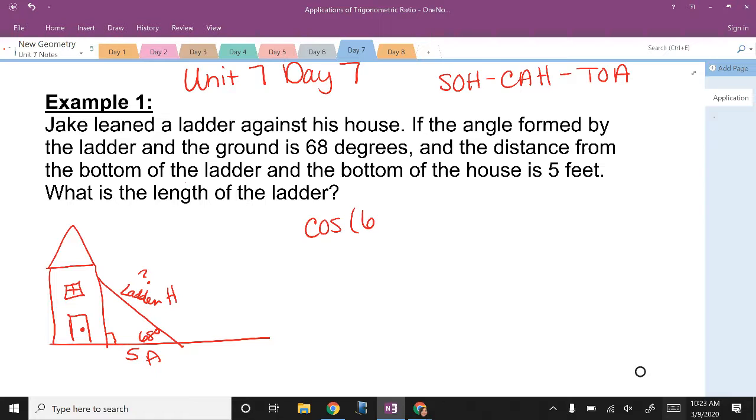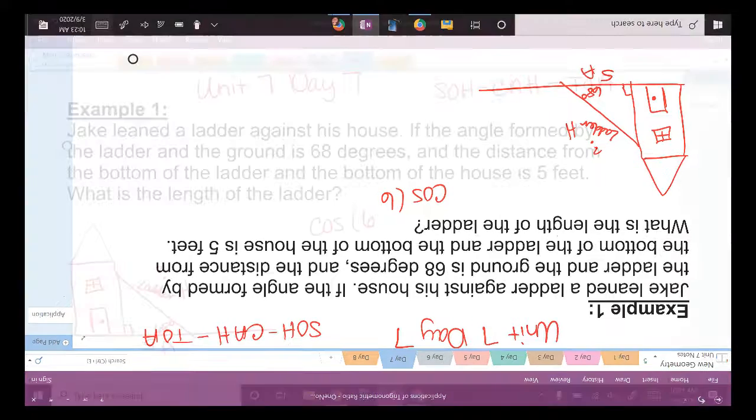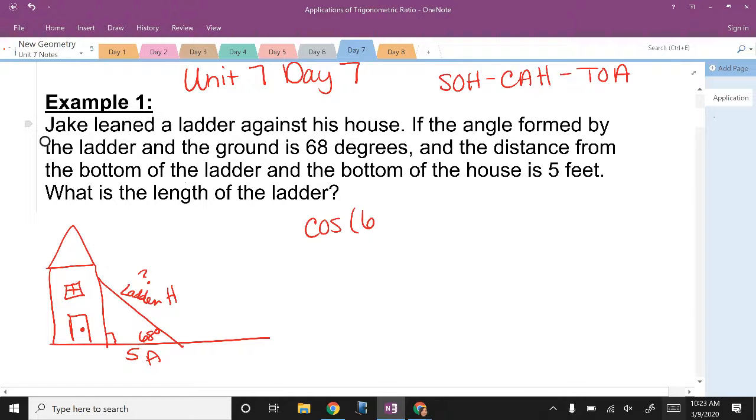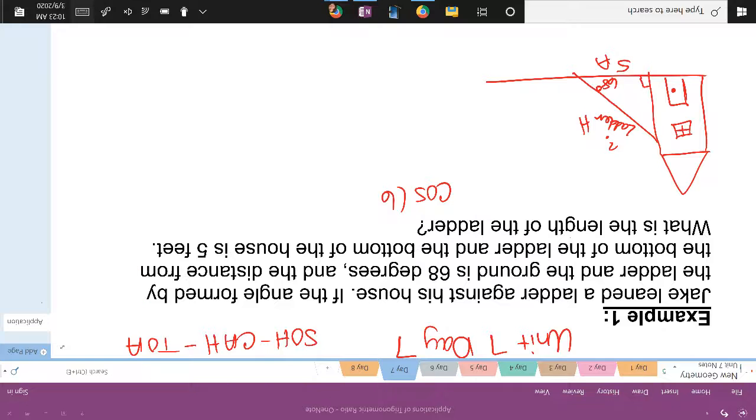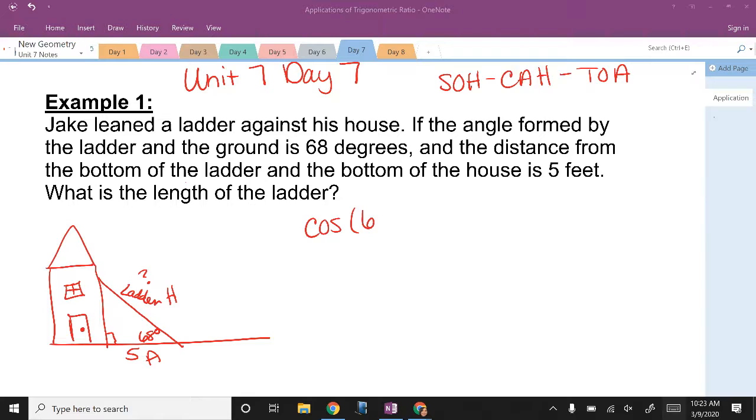I don't know what it's doing. Cosine 68 degrees equals, it's seriously not writing.